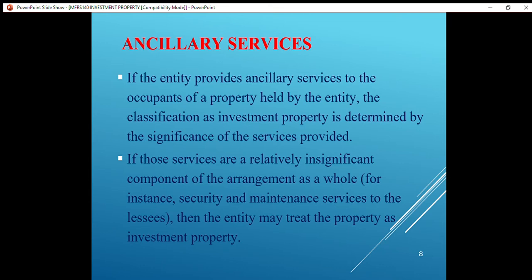As we all know, there are a number of services that can be provided by a hotel, such as catering services, car rental services, laundry services, spa, fitness gyms, conference room, cafeteria, and so on, which are significant as a whole. So if the services provided are significant, then the property should not be classified as NIP but as PPE.